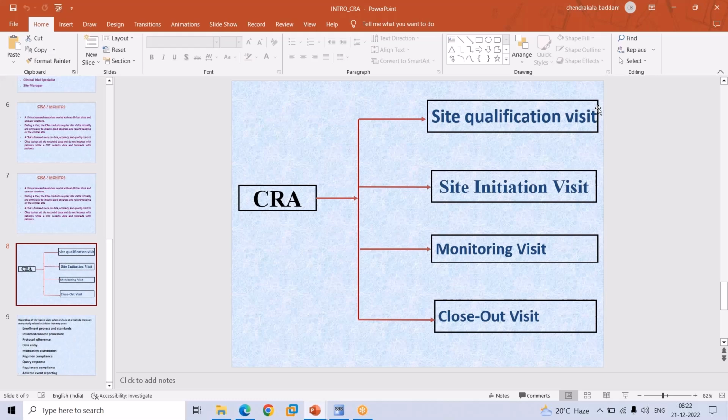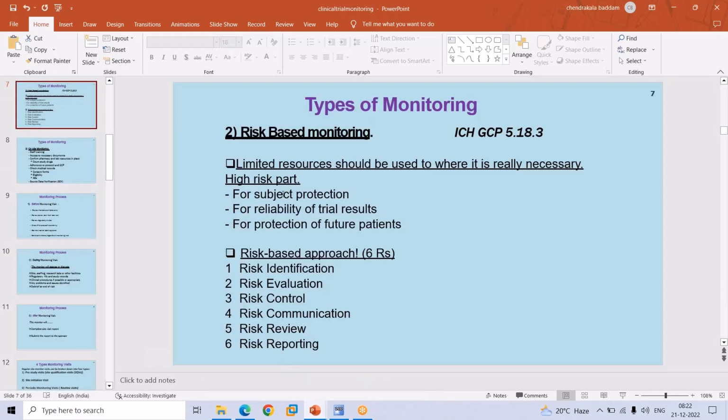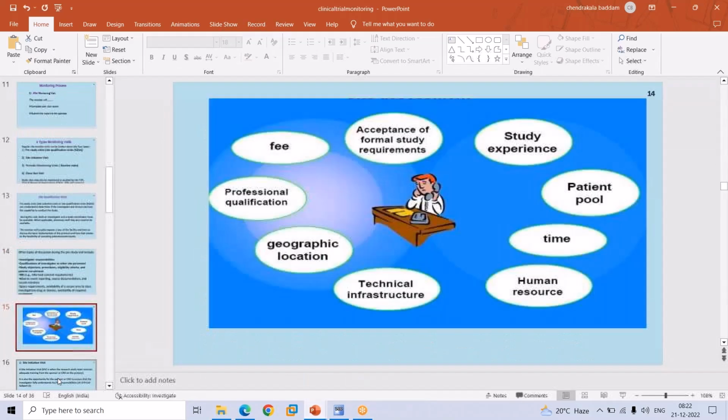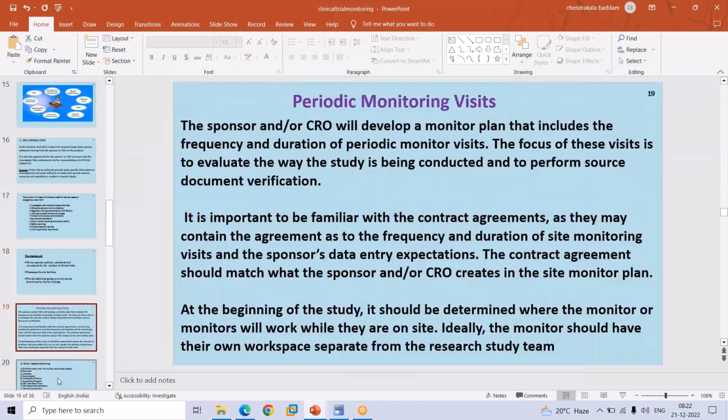Okay. Closeout monitoring visits we'll see in the next class. On the same slides we are going to discuss the continuation slides. We discussed till site qualification and initiation. Next we have the periodic monitoring visit and closeout visits. The periodic monitoring visits will take the major part. We'll continue with this next class.